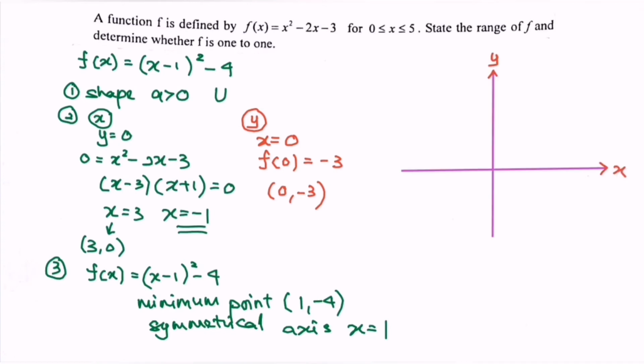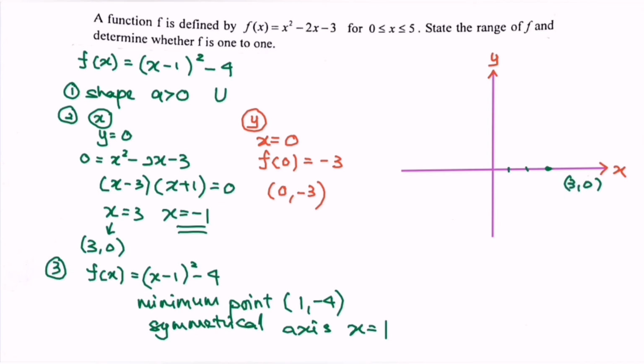Here we have the xy axis. Kindly focus: the domain is 0 until 5. Plot the point 3, 0 for the x-intercept.